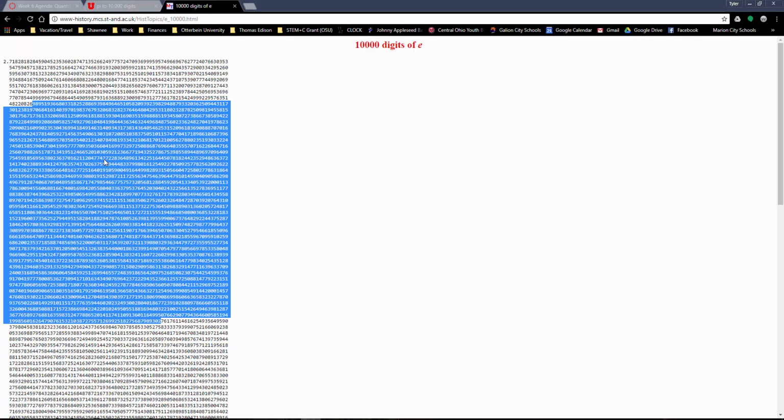Your calculator has a button like e to the x power and also natural log. Those two buttons are very connected. Natural log is ln. Those two buttons are very connected to Euler's number. That's what they're using. And we're going to find out more about natural log in the coming chapter.